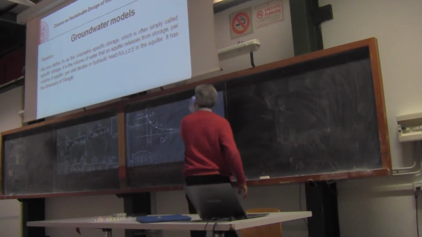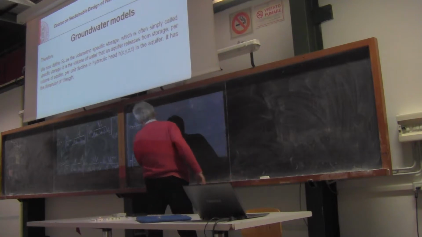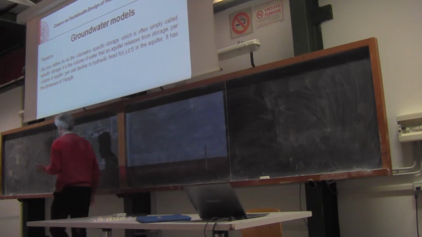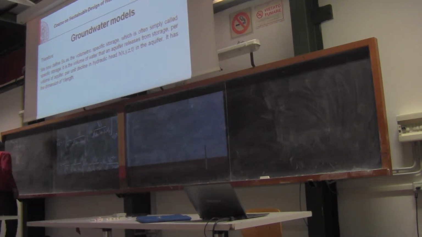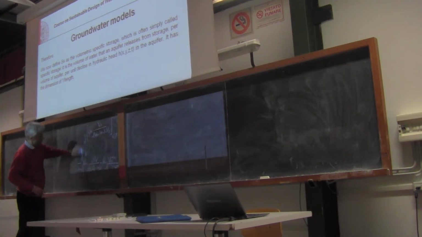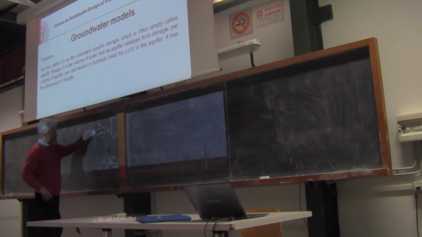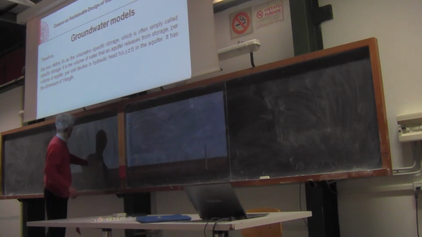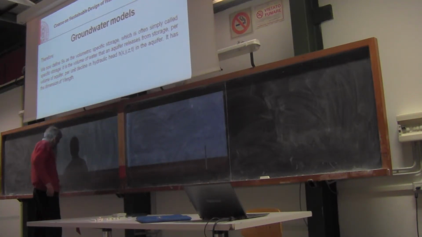And let me define this quantity, volumetric specific storage SS, which is an extremely important property of the aquifer. It's a hydraulic property. It's not what we may call a physical property, but it's strictly related to the physical properties of the aquifer. It is strictly related to the aquifer porosity and also permeability.